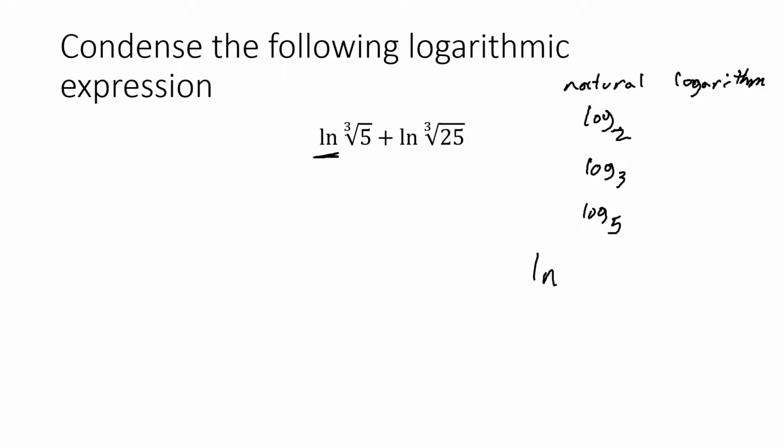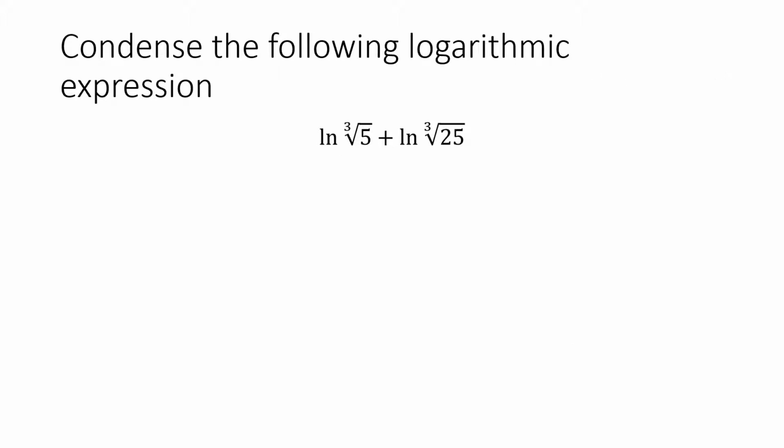A natural log is equivalent to saying log base e. Remember that e is a number like pi whose decimal value goes on forever and does not repeat. So e is about 2.7182, etc. The rules that we've been applying are going to apply equally to the natural log.